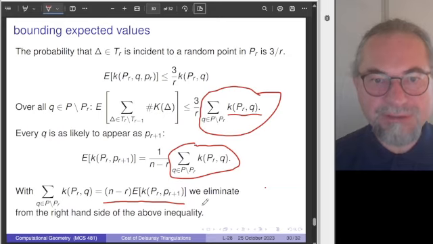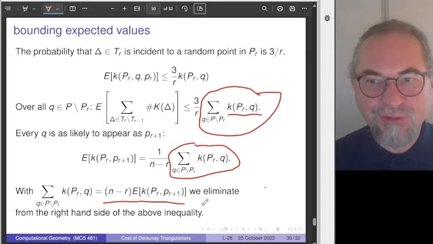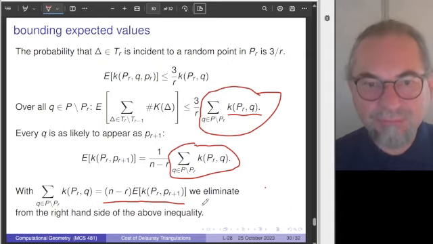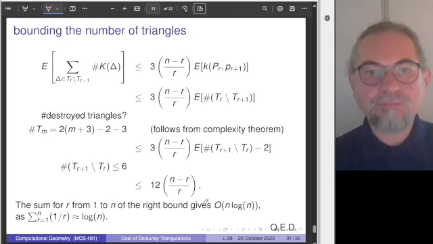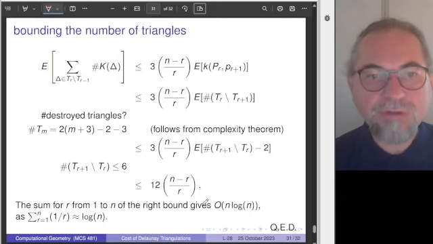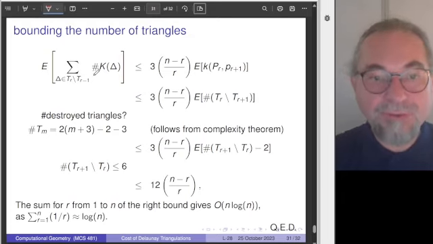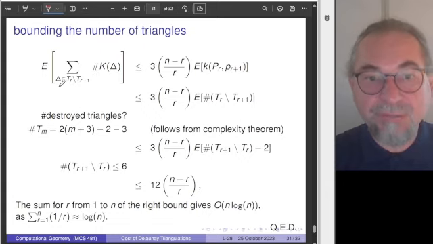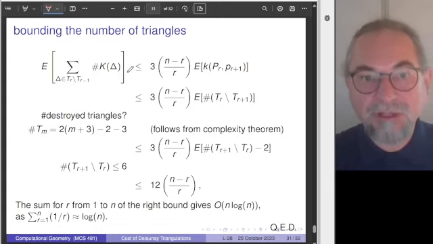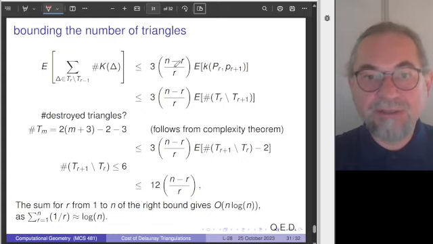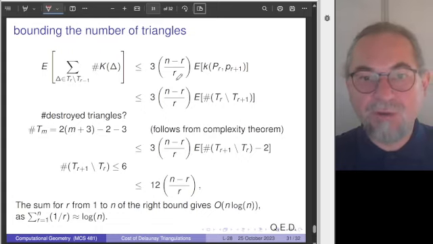Okay, so we are interested in the expectations and the averages of the number of visited triangles. So the number of triangles that are visited, so the number of new triangles, is thus bounded by this n minus r over r.